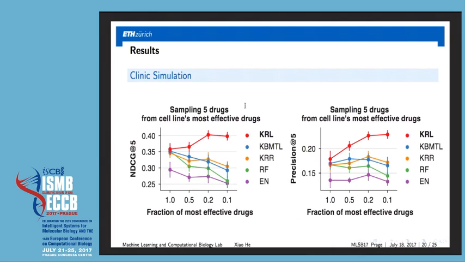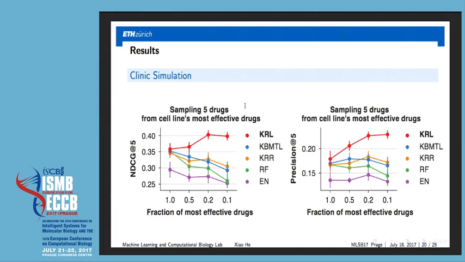Therefore, we do a simulation to subsample the datasets so that it is closer to the real scenario. We sample 5 drugs per cell line for training and keep all the responses for testing. Again, the left is NDCG and the right is precision at K. The x-axis also tells us the way of sampling these 5 drugs per cell line.